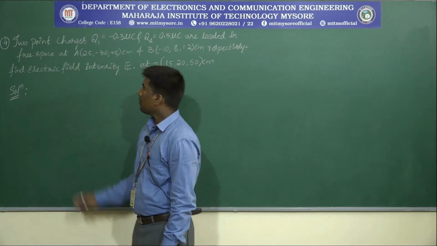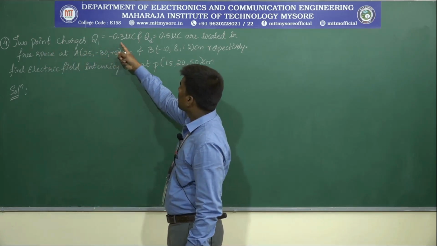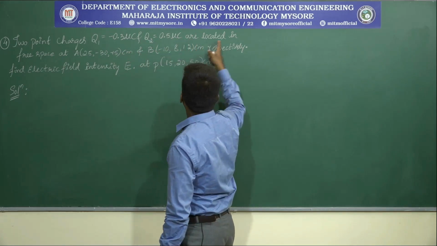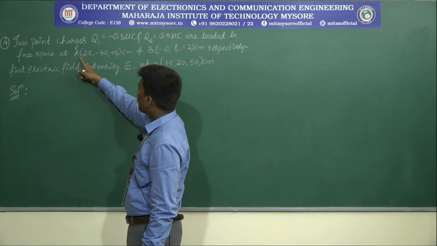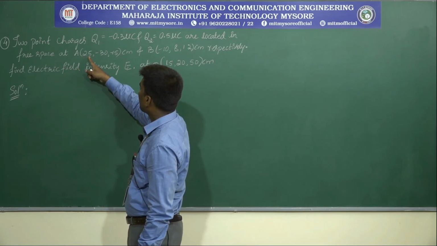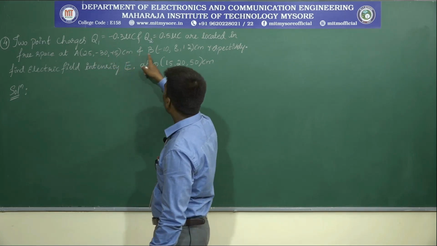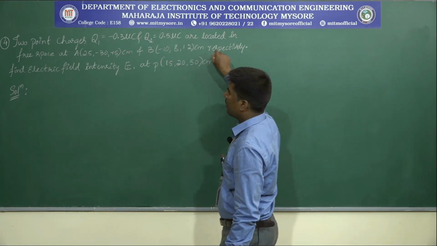Let us solve one more problem, okay. 2 point charges Q1 is equal to minus 0.3 microcoulomb and Q2 is equal to 0.5 microcoulomb are located in free space at point A located at 25, minus 30, minus 15 centimeter and B at minus 10, 8, 12 centimeter respectively, okay.